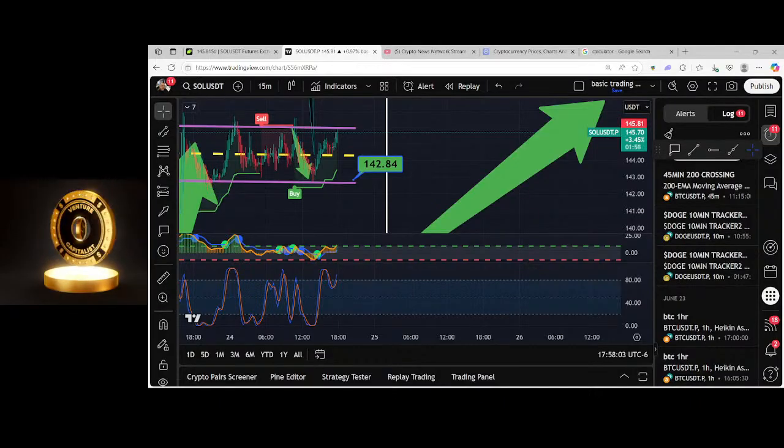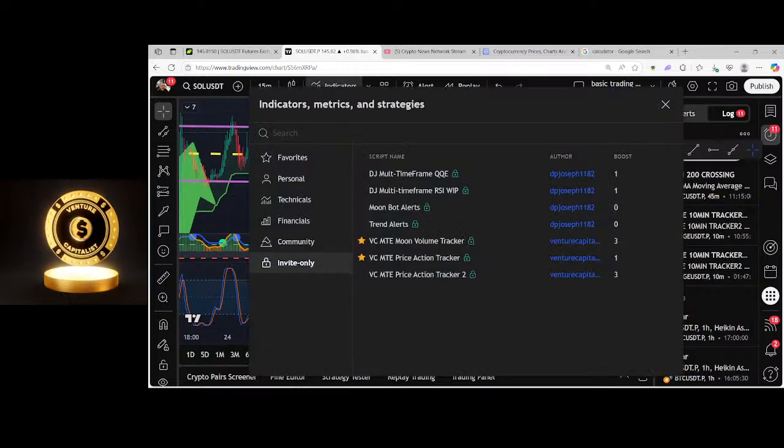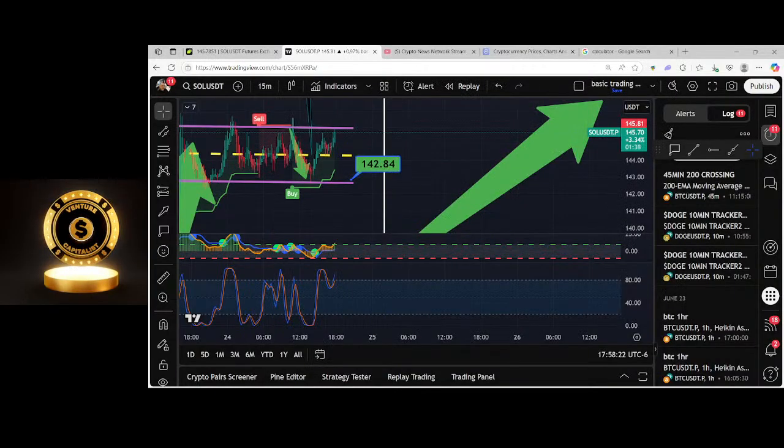Now, when you start using the indicators, what is the indicator at the top of your RSI? Okay, this indicator here says VC Moon Volume Tracker. The Moon Tracker is for understanding volume, right? So we'll get rid of the RSI real quick.